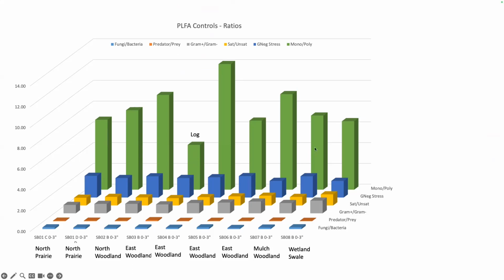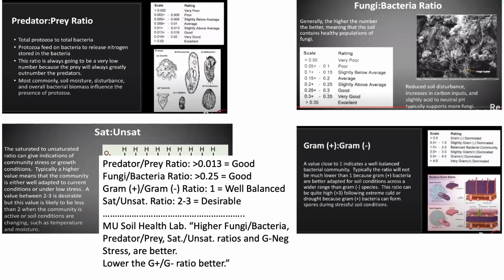I've heard both things. If you have high gram negative stress, it's a bad sign. But MU says no, that's a good sign, because a higher gram negative stress means you have more of the gram-negative bacteria, which are helpful to plant growth. So that can vary.